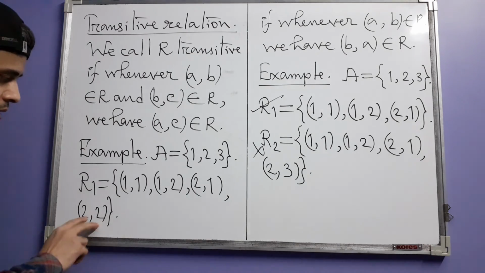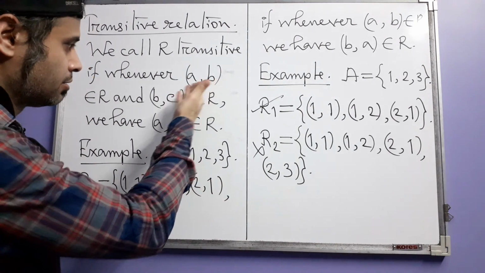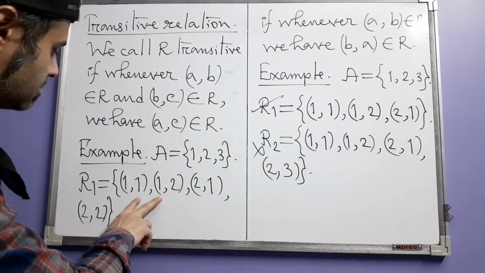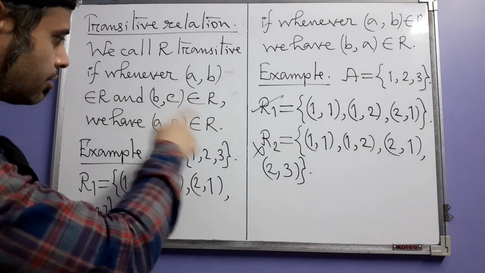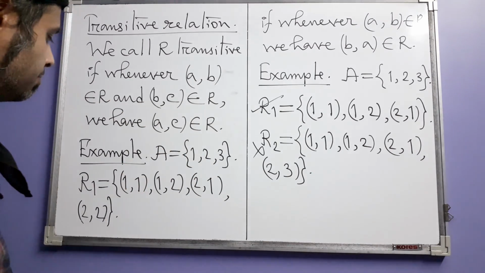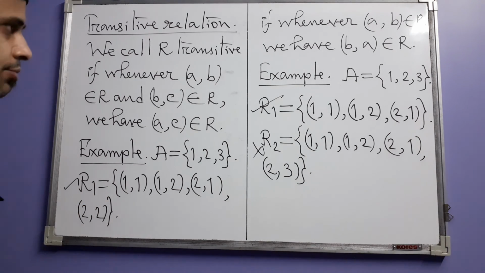That is also present. In this way, you will see that any legitimate choice of these two ordered pairs, if you take from this R1, that other ordered pair a comma c also belongs to R1, and that is why this is a transitive relation.